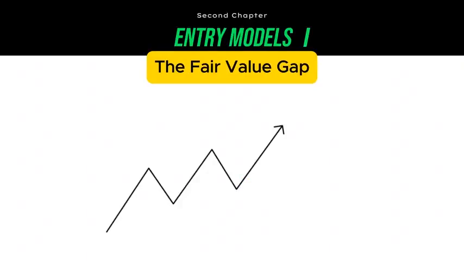But the pullback doesn't always just hit the demand zone, considering the price keeps holding the uptrend. This is where the fair value gap comes in, where the price is pulled back, fills the fair value gap, and continues the uptrend. The traders that have waited for the demand zone to hit have lost the opportunity, while the ones that took from the fair value gap successfully capitalized on this setup.